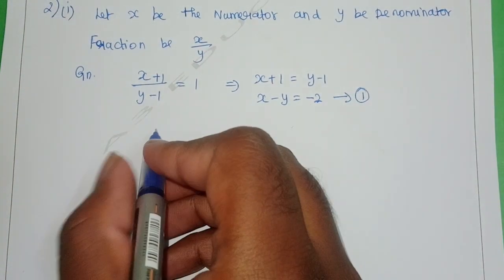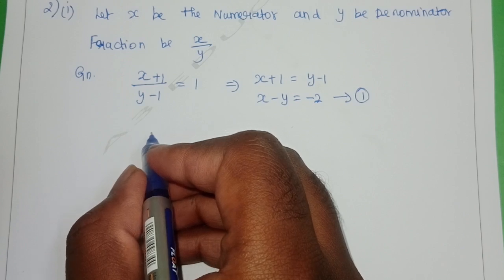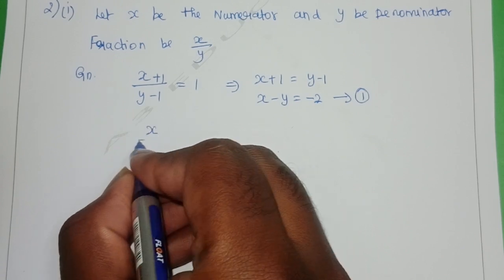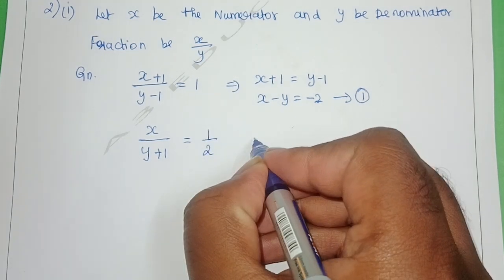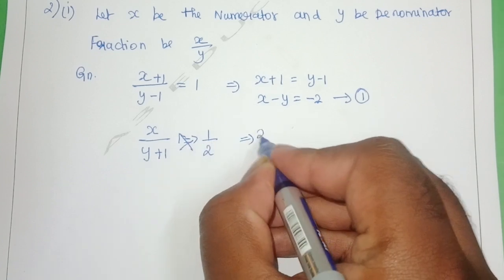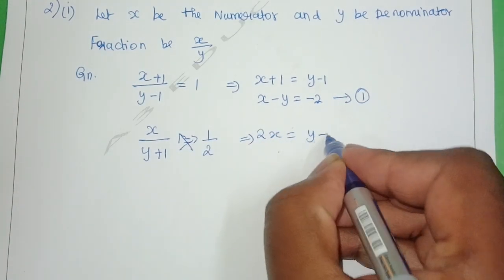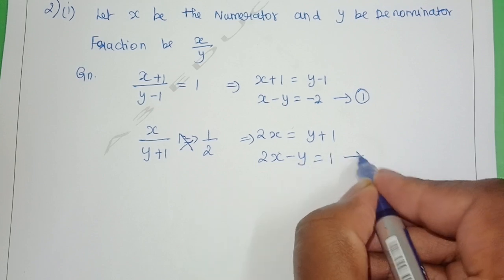Next, we add 1 to the denominator but nothing to the numerator. Add 1 to the denominator, it becomes 1 by 2. Therefore, cross multiply: 2x is equal to 1 into y plus 1, which is 2x minus y equal to 1.